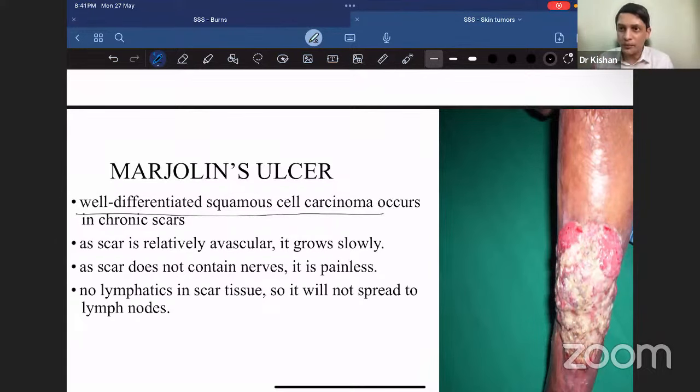You know everything, but you can't compare or interlink between two things, between medicine and surgery. Why do we take the history of diabetes mellitus, or of bronchial asthma, in case of hernia? When we take a case of hernia, we ask about history of bronchial asthma.